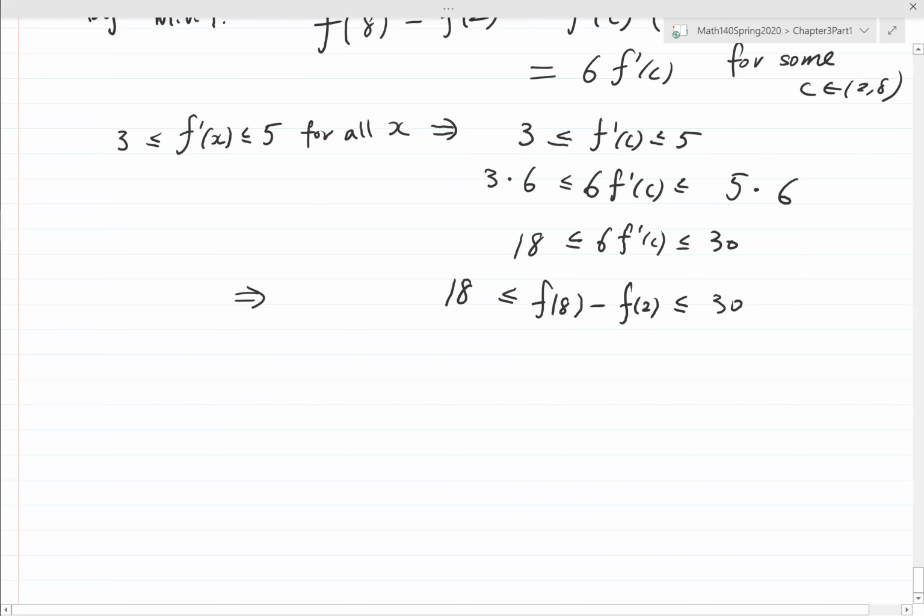Okay, more examples. Example: show that the equation has exactly one real root.